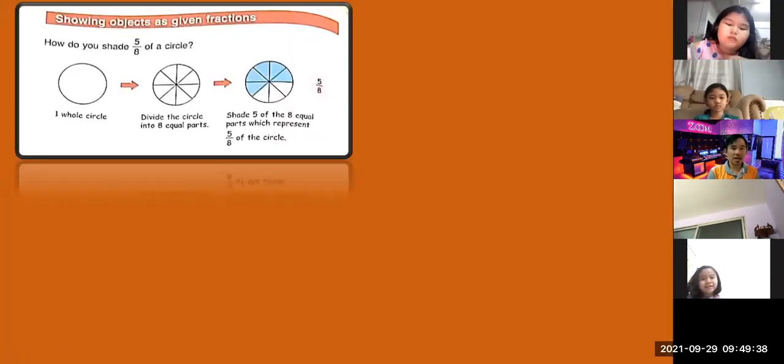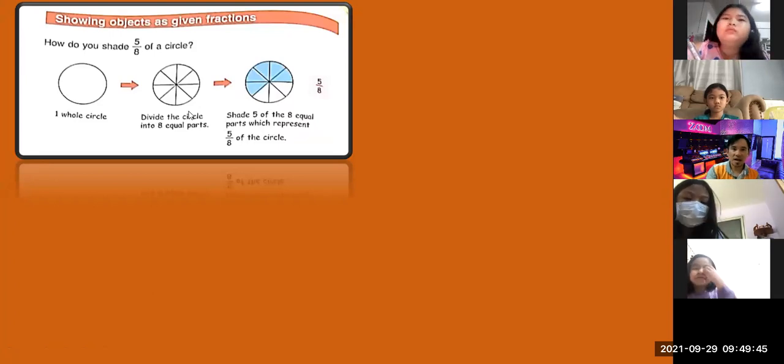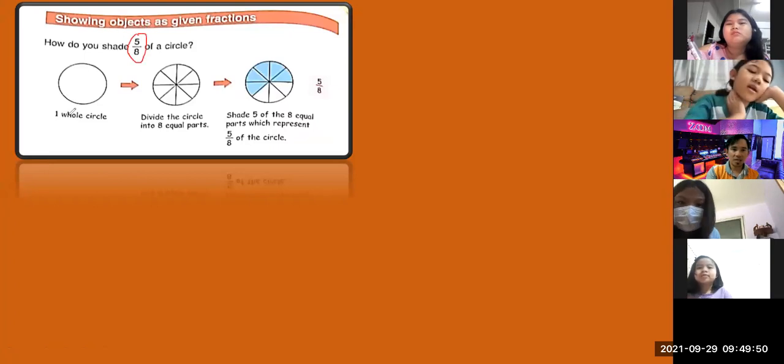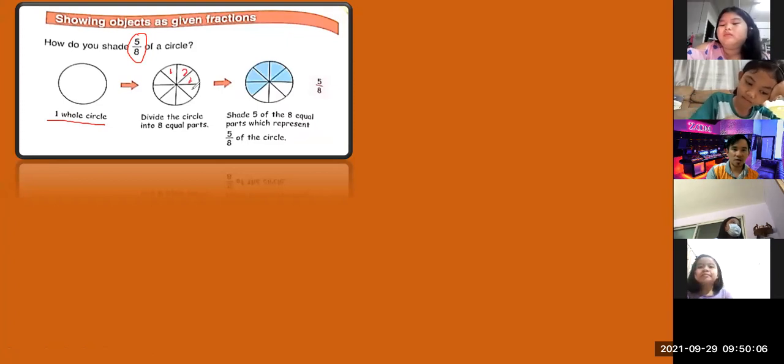Everybody here. How do you shade 5 over 8 of a circle? For example, this is the circle. The circle first is 1 whole, right? Now you will divide it into 8 equal parts. 1, 2, 3, 4, 5, 6, 7, 8.